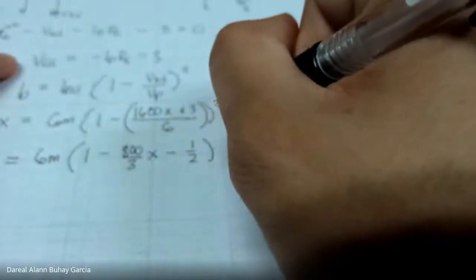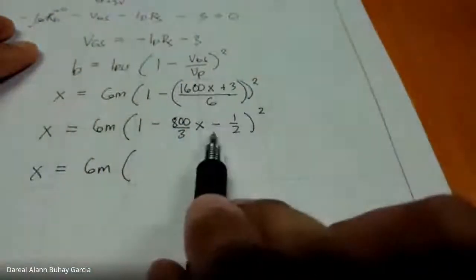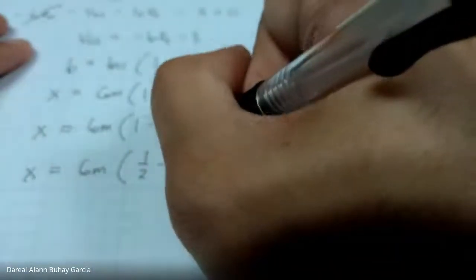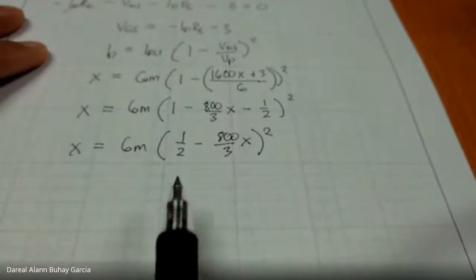VP over 6 is 1/2. One minus 1/2 is 1/2. Expand. 1/2 squared is 1/4.